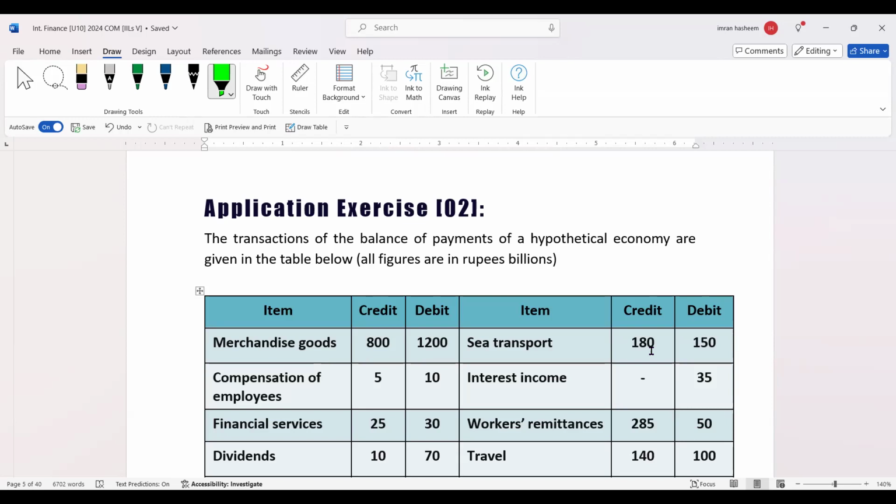Two requirements: BOP current account balance, show all sub-account balances separately. You have to do it and get the answer. Then the net export value. Net export value. Got it?